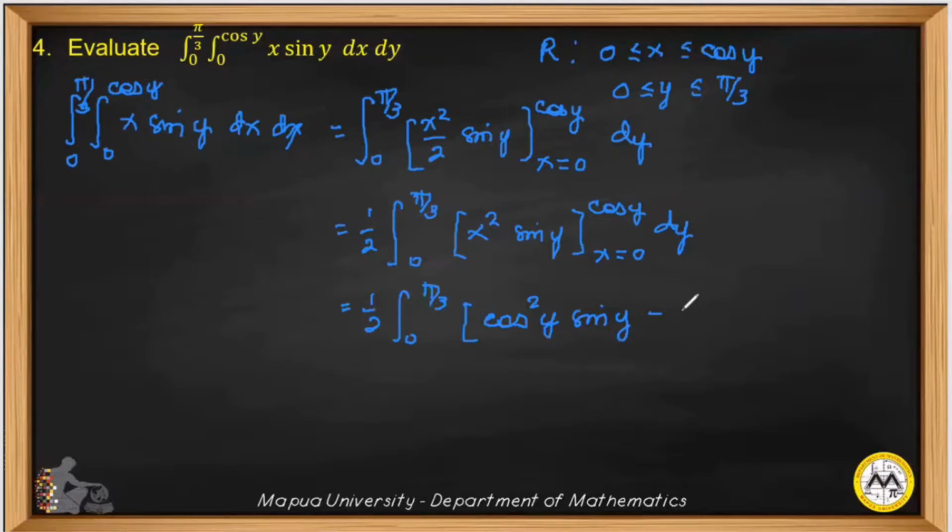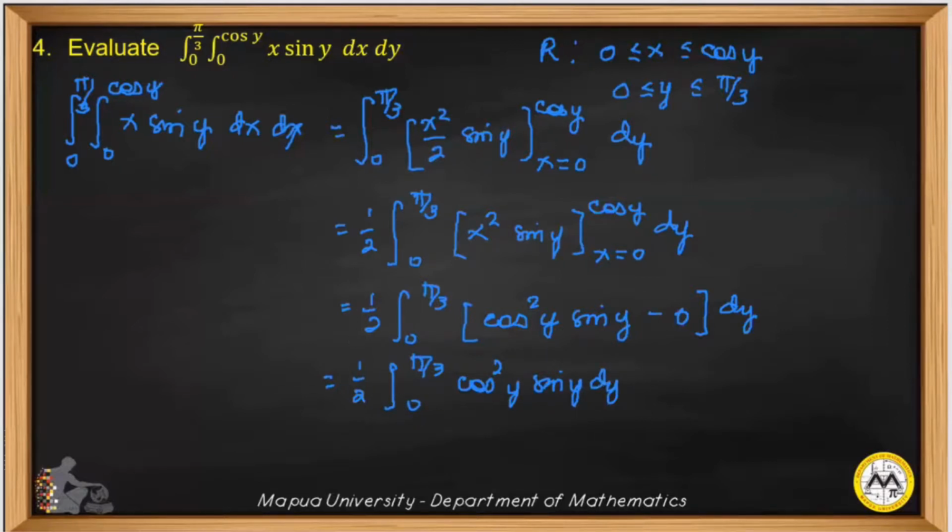Of course, when x is 0, the integral equals 0 times the differential of y. Hence we have 1/2 integral from 0 to pi over 3 of cosine square of y sine of y dy. And we can evaluate the integral by power formula.